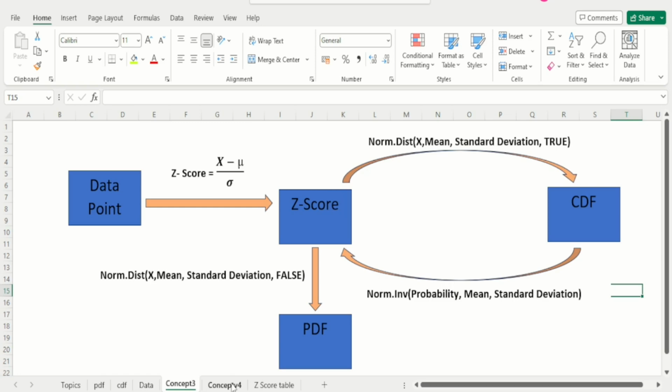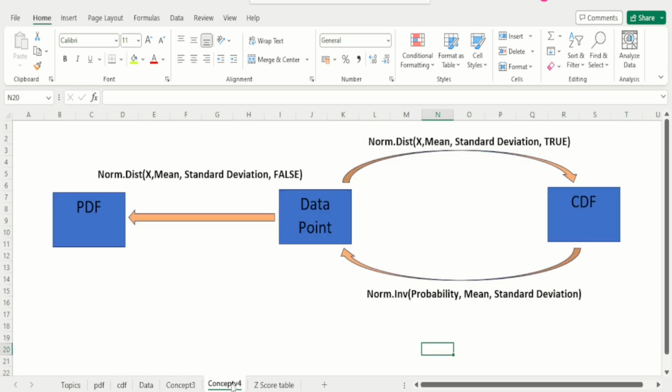Not really. That was just for conceptual clarity. In general, this would also work given a data point. If it is discrete, you want to use PDF, same function. On the other hand, if you're dealing with a continuous data series, then you can derive the CDF. From the CDF, you can derive back the given data point.